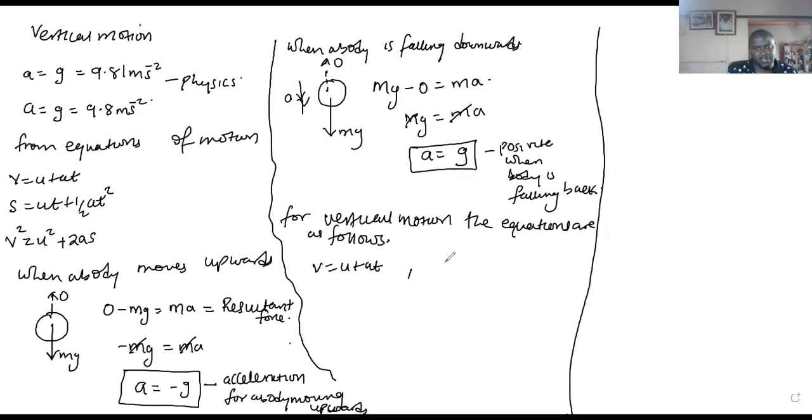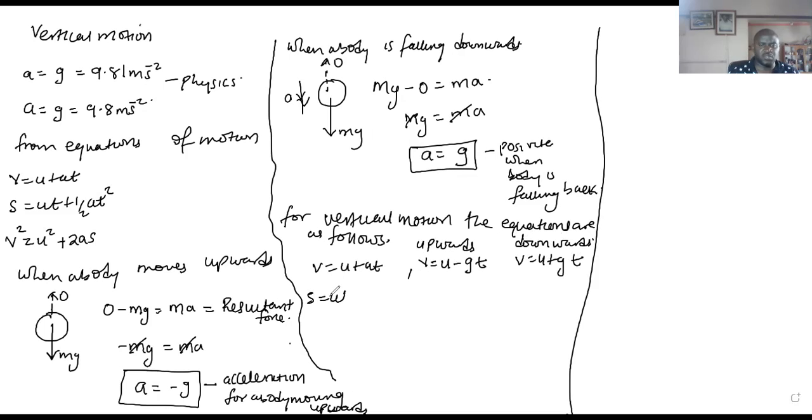It will become v is equal to u minus gt when going up, then v is equal to u plus gt when falling down. This is going upwards. This is going downwards.